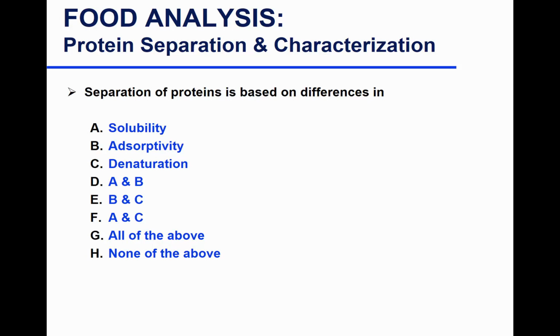Adsorptivity is important because sometimes you use chromatography and different types of chromatography, so different proteins will adsorb differently with stationary phases. So it is used typically for protein separation. Denaturation, yes, you can heat up the solution and then precipitate the protein. They aggregate, precipitate, and you can pull them out of solution.